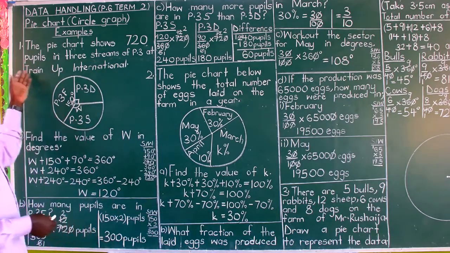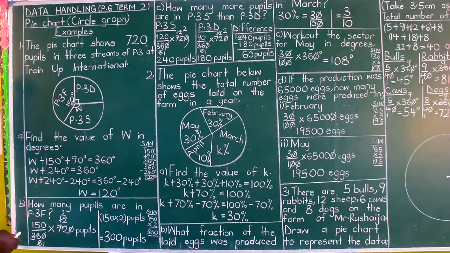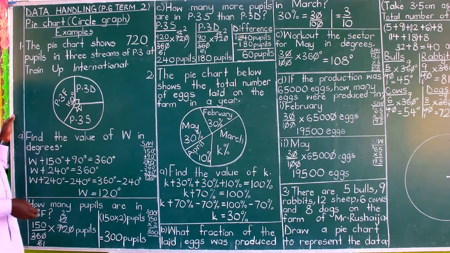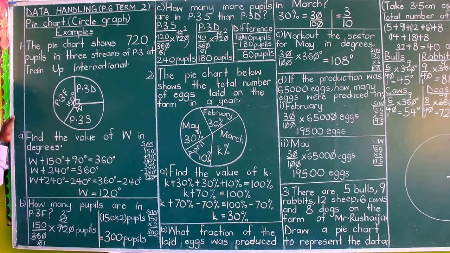So now that we have got the pie chart showing 720 pupils in the 3 streams of P3 at our school, Train Up International, the information is displayed in degrees. That's the first case, meaning if I've got an unknown, we shall get it by adding all the sectors to 360 degrees.